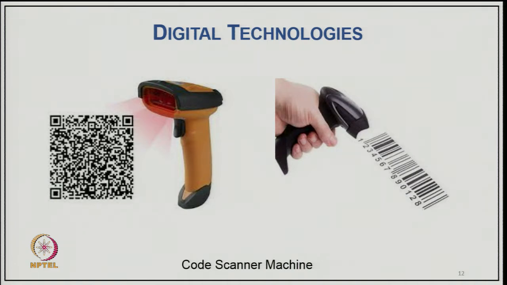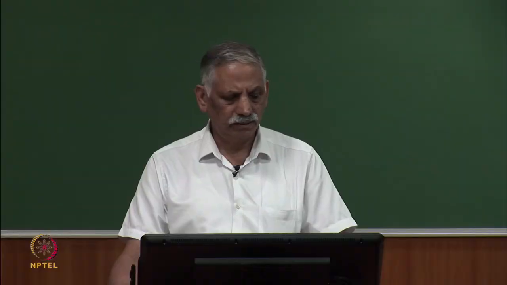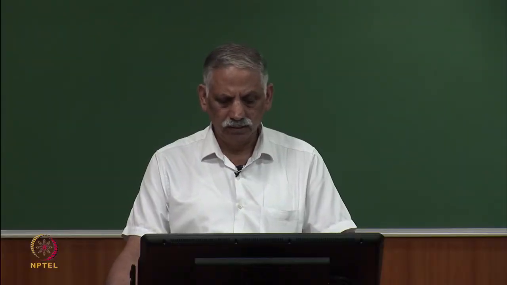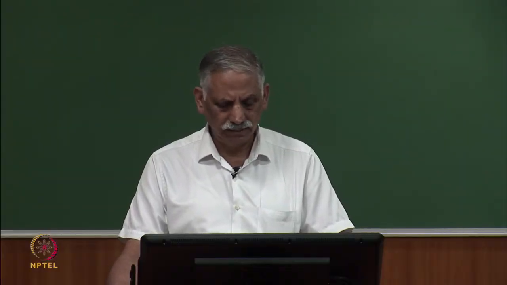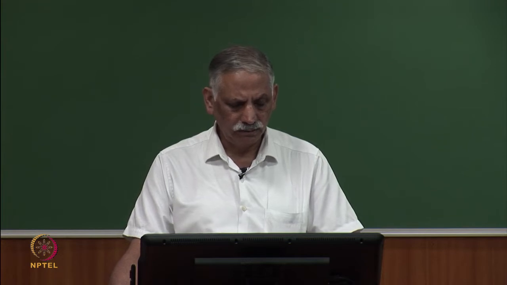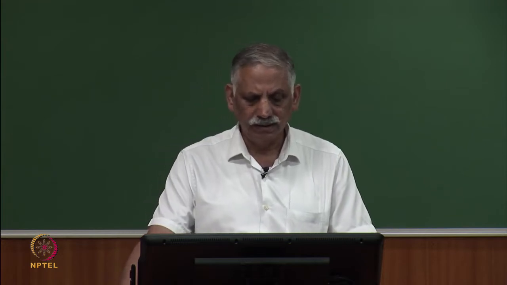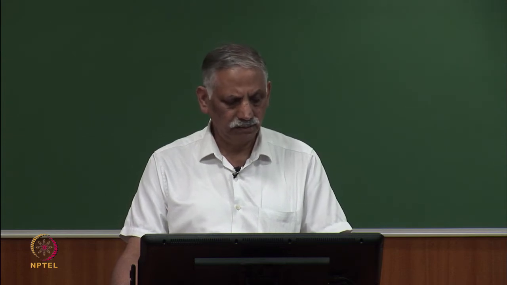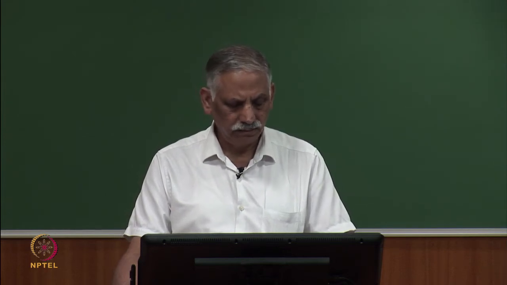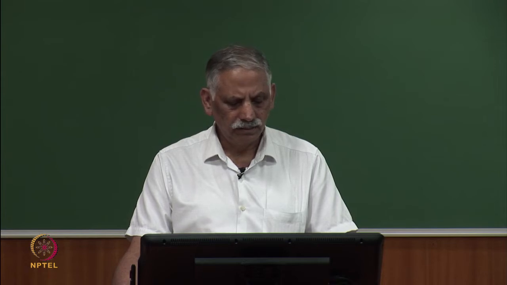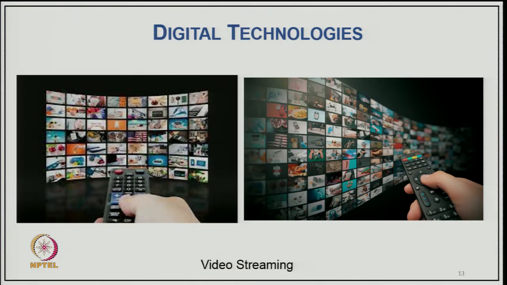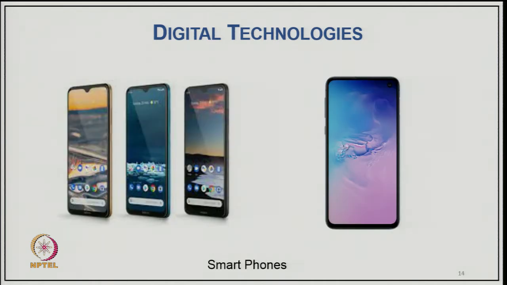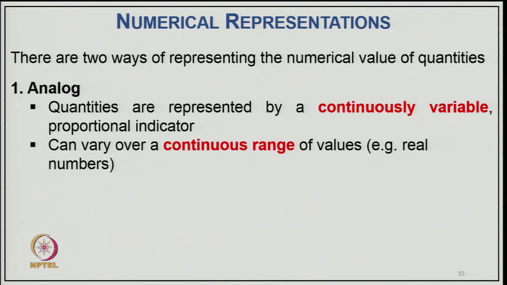You might have gone to malls or shops where items are identified by a code, and a scanner machine can decode the entire information of that product or item. Then video streaming is also digital technology, and smartphones again use digital technology.